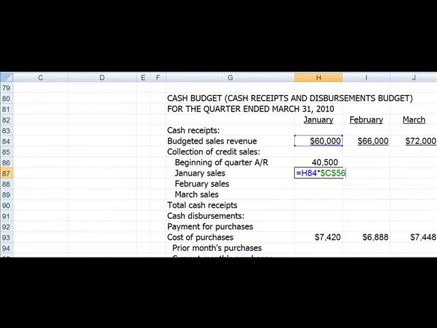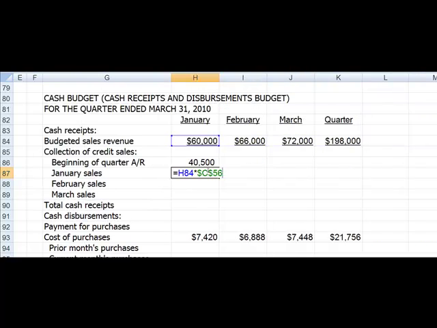So you can see that when we get back over here, we've got the dollar signs around that. Now, in January, those will be our two cash collections. So we'll collect December accounts receivable, and we'll collect 40% of January sales. So our total cash receipts is just going to be those two.